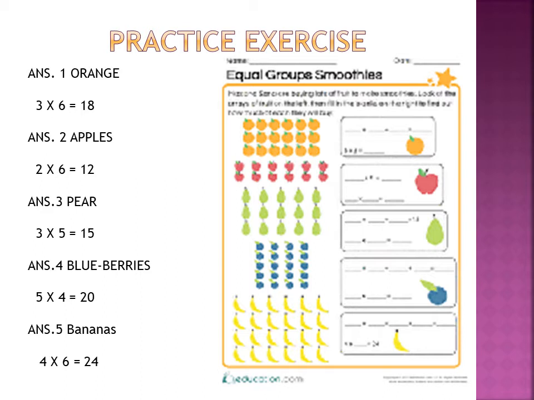Answer number 5 for bananas is 4 into 6, 24. I know that this worksheet is very clear to you now. I have written the answers also. You can match your answers with the worksheet.